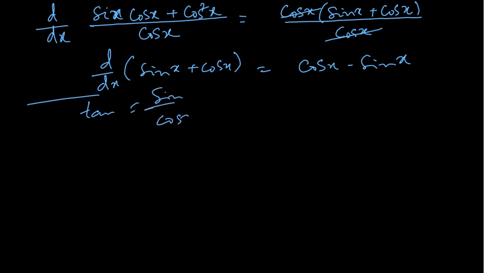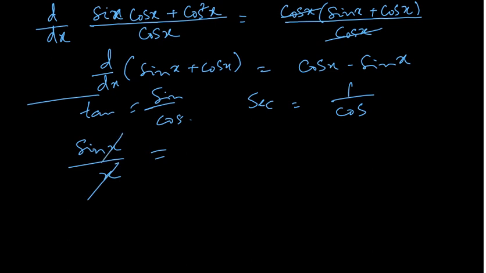Didn't say x, he just said sin by cos. Then I asked for secant. He said secant equal to 1 by cos. Very good. Then I asked him, what is this? Something is given as sin x by x. He said, oh, this is easy, sir. You just cancel out this, and that is sin.